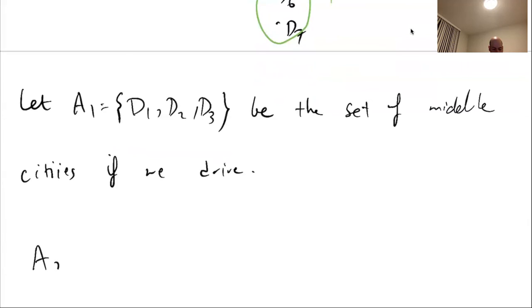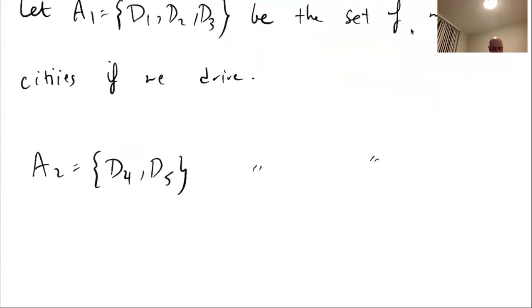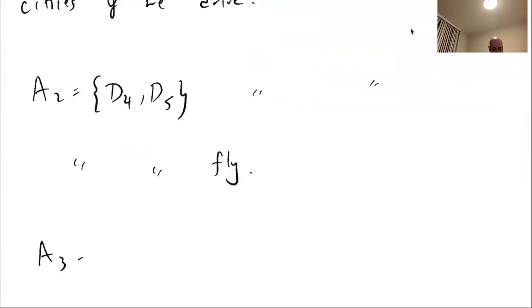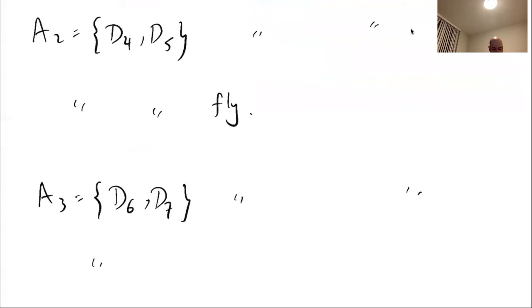Similarly, A2 equals D4, D5, the middle cities if we fly. A3 equals D6, D7, the middle cities if we take a train.